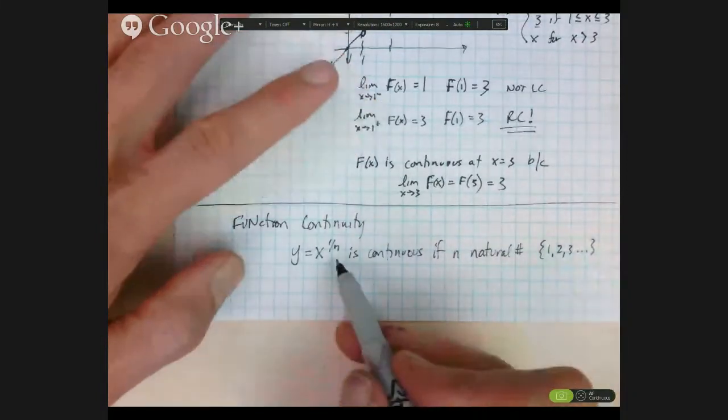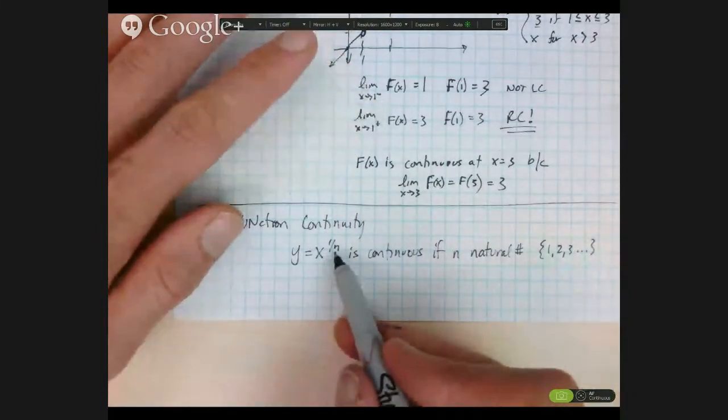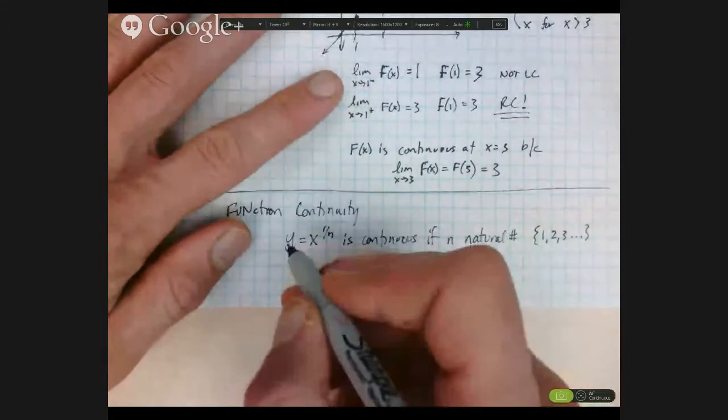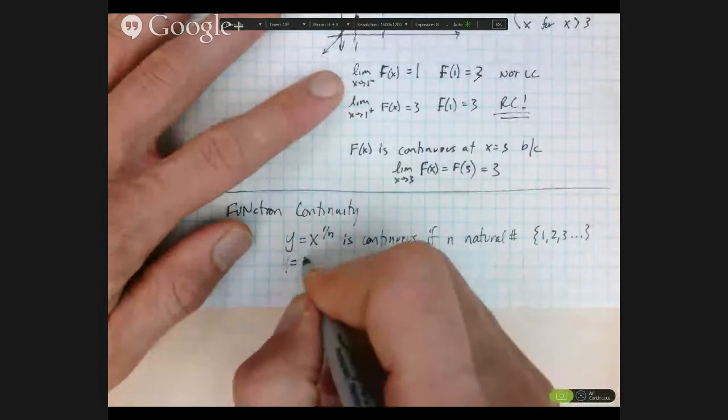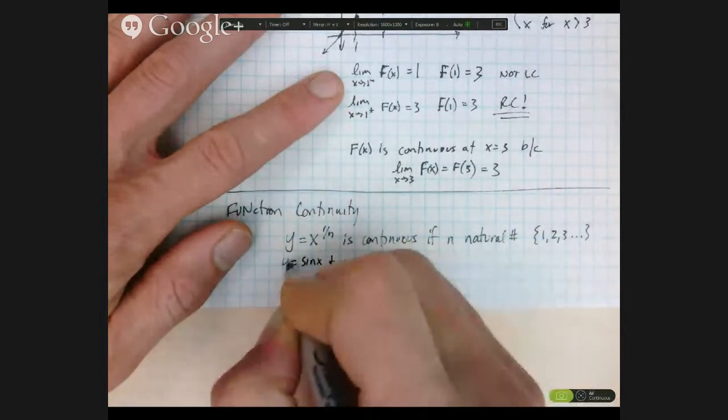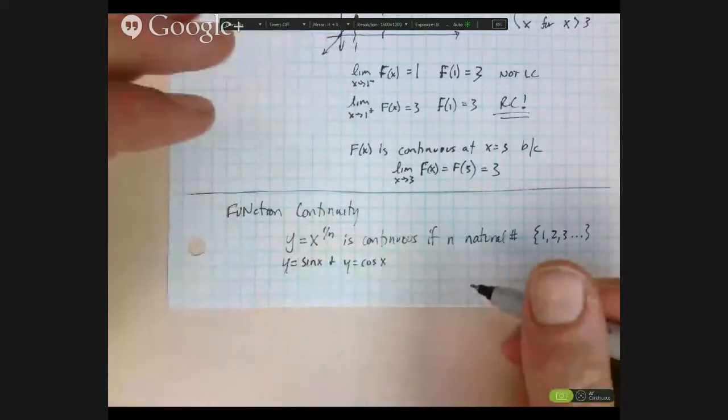Okay, so that's continuous. That's a root function. So that'd be like if n is 2, it'd be a square root. If n is a natural number. Okay, those are continuous.